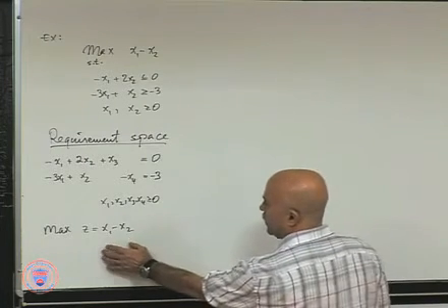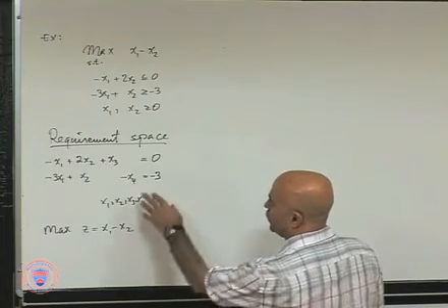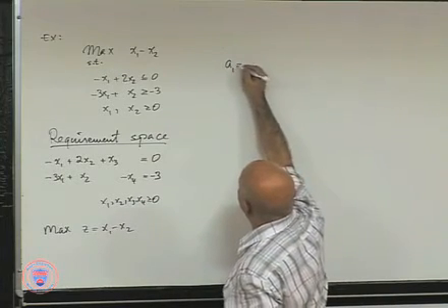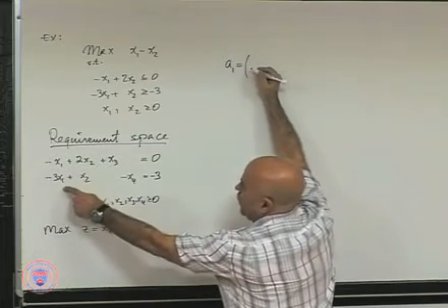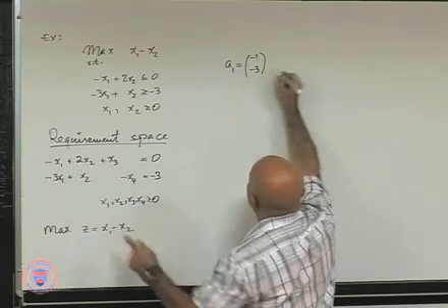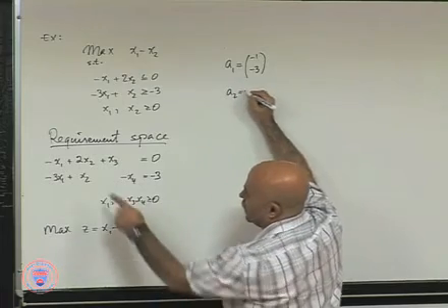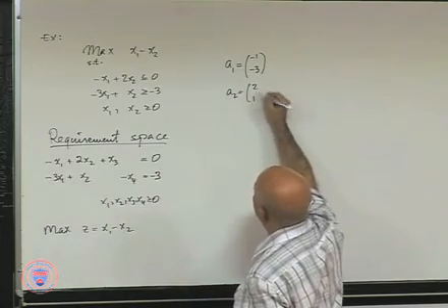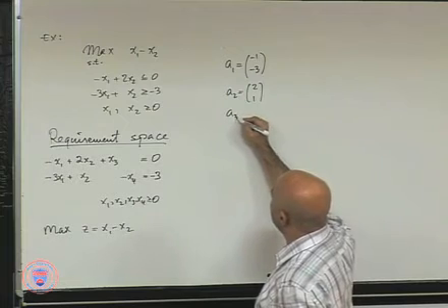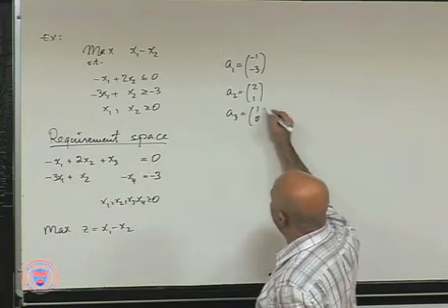All right, so in this case, this is the situation. My A1 vector is minus 1, minus 3. My A2 is 2, 1. I'm just picking up the coefficients. A3 is 1, 0.